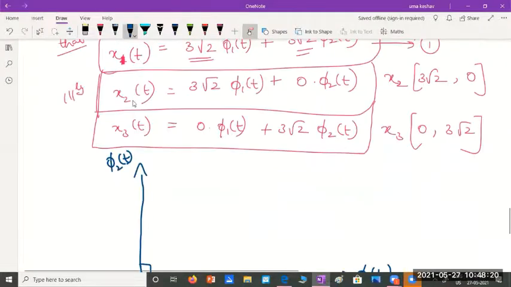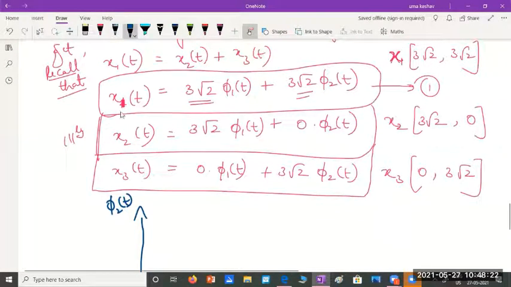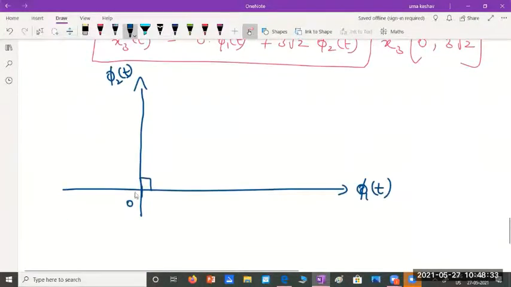Now can I represent the signal x1? What are the coordinates for x1? The phi 1 axis is 3 root 2 and the phi 2 axis is also 3 root 2. So if I draw the point, say 3 root 2, this is also 3 root 2.